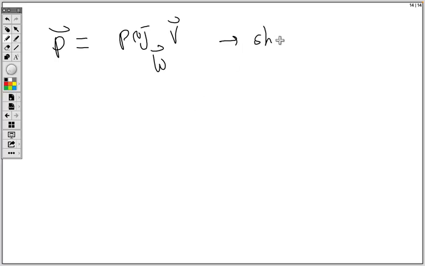That's called the projection P. So the projection P is short for the projection of the vector V onto the vector W.